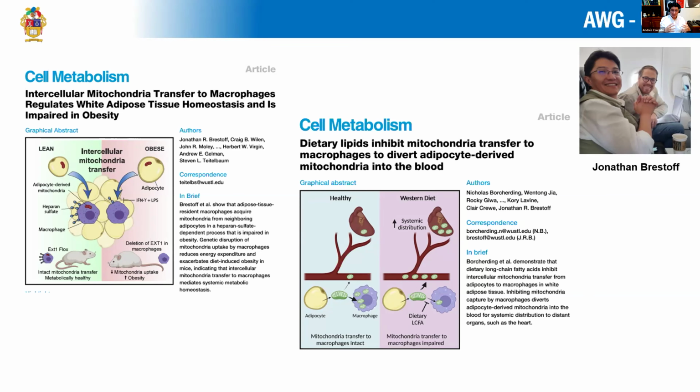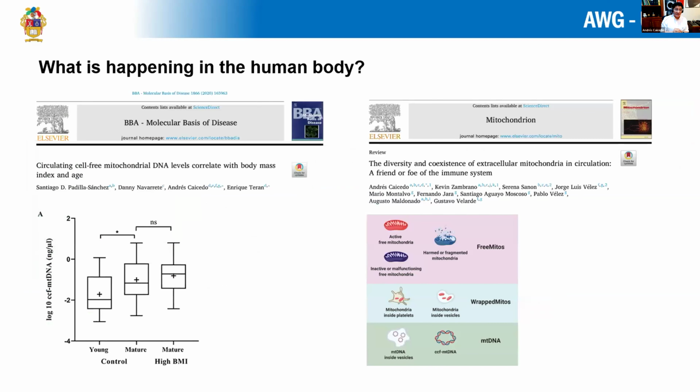So in this case, mitochondria, when it's outside the cell, in circulation, it seems to be a hero. Then, by studying, for example, what is happening when people are older adults or overweight, we observe that there is an increase in cell-free mitochondrial DNA.